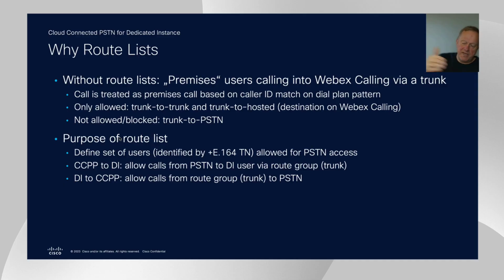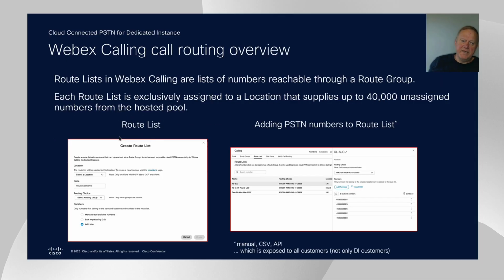And this applies to both directions, right? From the cloud-connected PSTN provider to Dedicated Instance via a route group or trunk, and from Dedicated Instance to the cloud-connected PSTN provider based on a caller ID match of the call coming into Webex Calling.